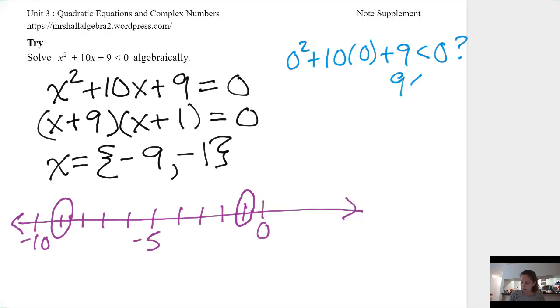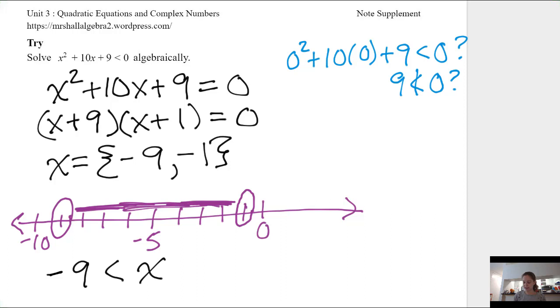Is 9 less than 0? No, that is not true. 0 is not part of the solution set. Therefore, I'm going to shade everything in between -9 and -1. And I can write this compound inequality as -9 is less than x is less than -1.